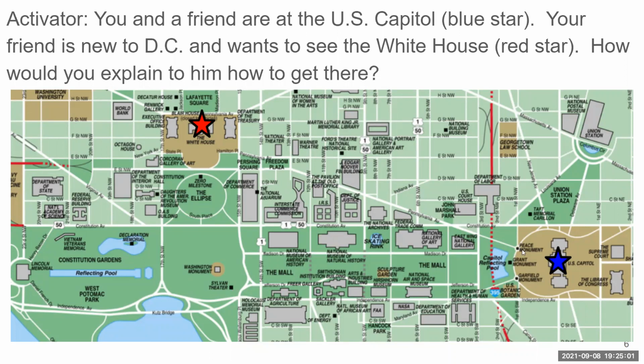Better descriptions were to start at the Peace Monument, take Pennsylvania Avenue northwest until you reach Freedom Plaza, and either go on E Street northwest until you get to 14th.